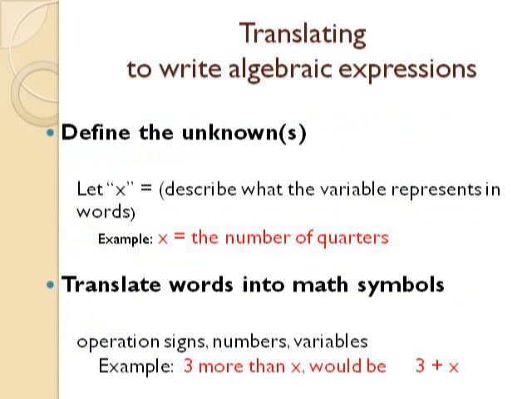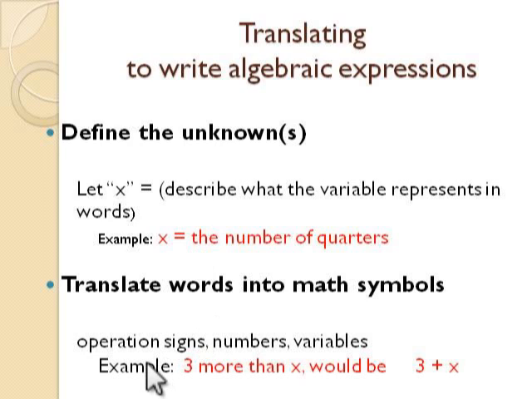All right. So now how do we translate into an algebraic expression? We translate into an algebraic expression by first defining our unknown. So let's say that we had x, and we tell what x is going to stand for. So describe what the variable will represent. Here's an example. Maybe x will represent the number of quarters that you have. Then you translate the words into math symbols.